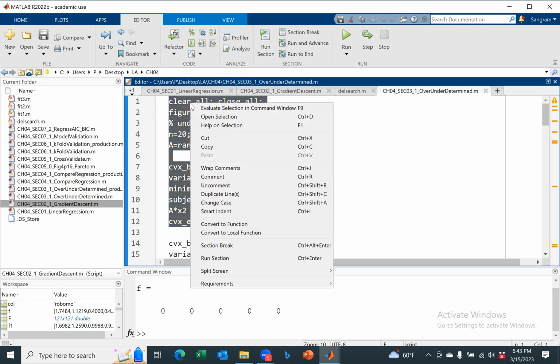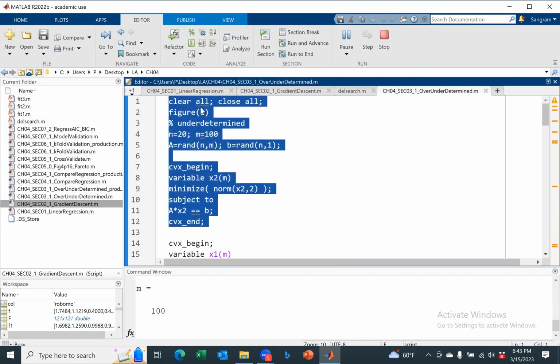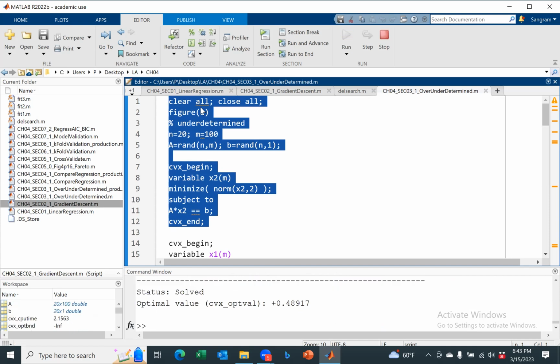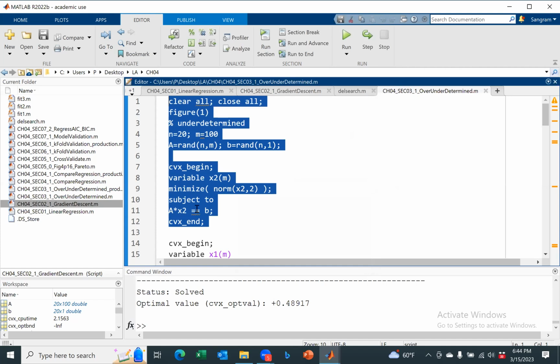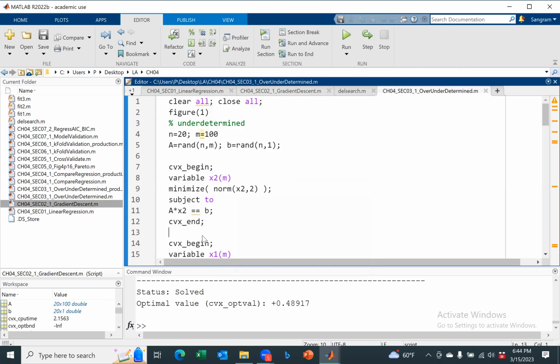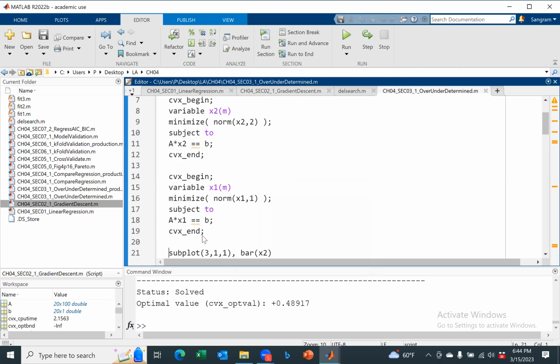If I evaluate this, I'm going to get a least square solution. Now, if I want to move to the next level, instead of the L2 norm, I'm creating the L1 norm, which is nothing but the taxi cab norm or Manhattan norm.